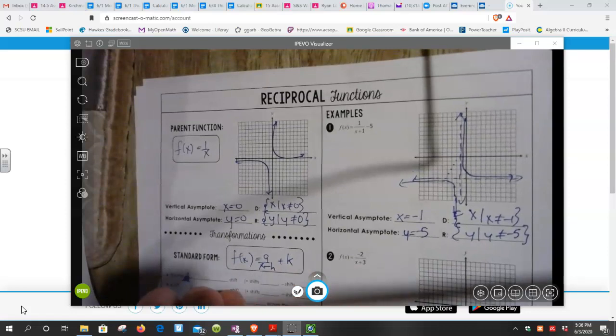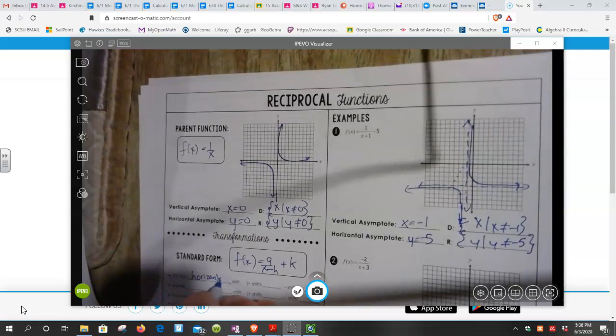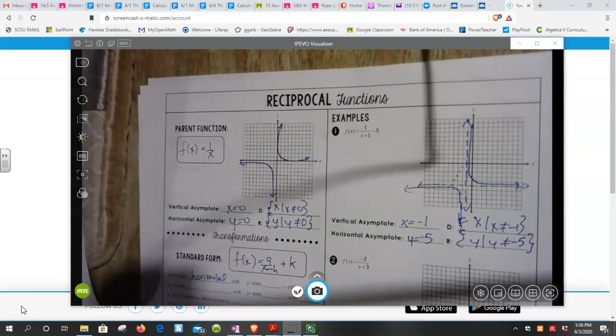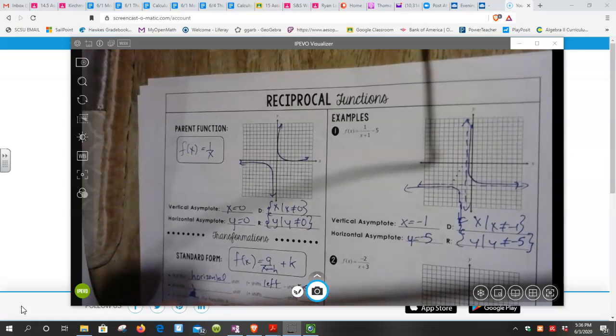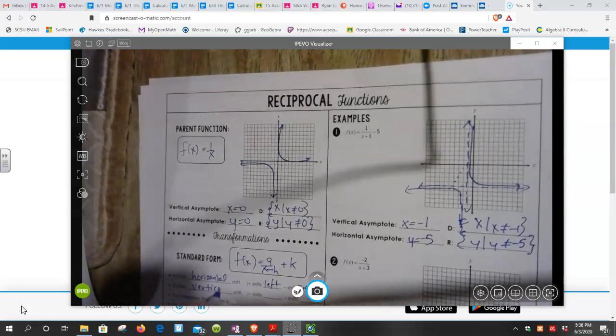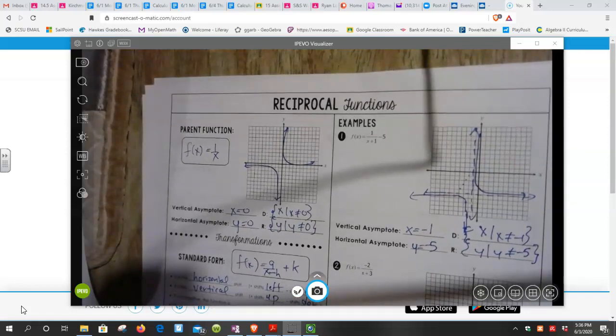Remember how h was the horizontal shift? The plus is going to make it go left. The minus is going to make it go right. The k, you might remember, is your vertical shift. The plus is going to make it go up. The minus is going to make it go down.